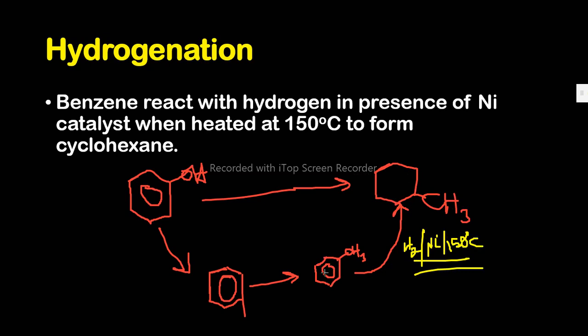So the ring, these delocalized electrons, they get hydrogenated. This ring undergoes hydrogenation to form methyl cyclohexane. So before you do this, make sure you have this methyl group here.